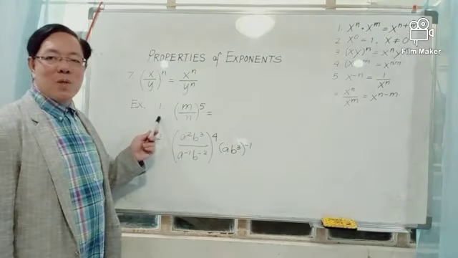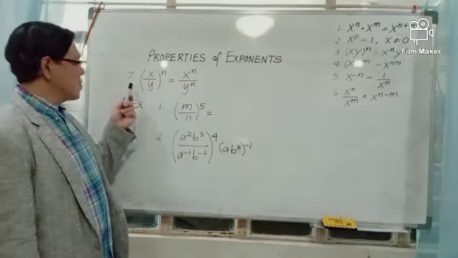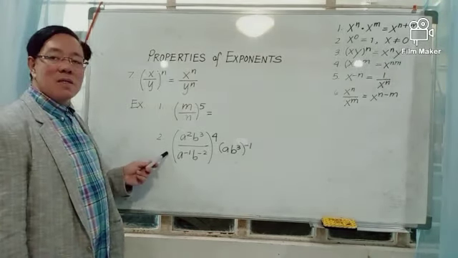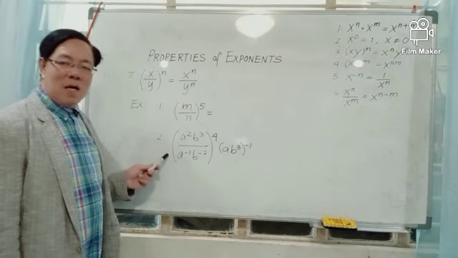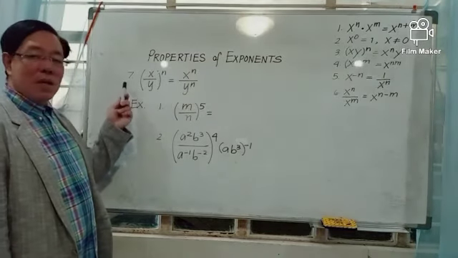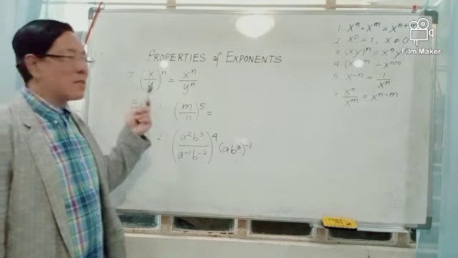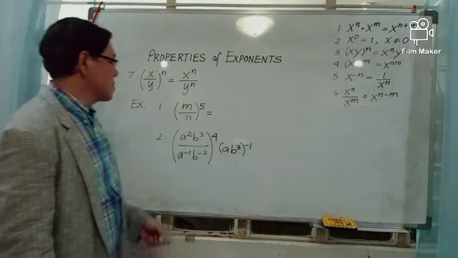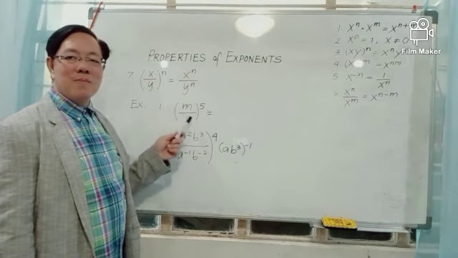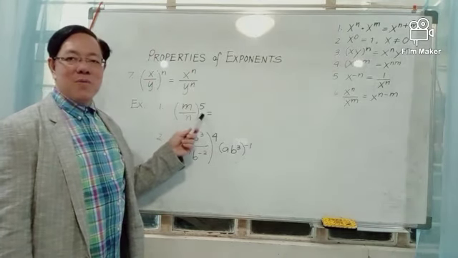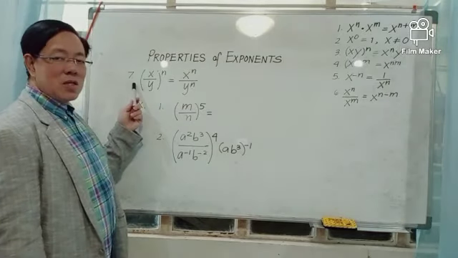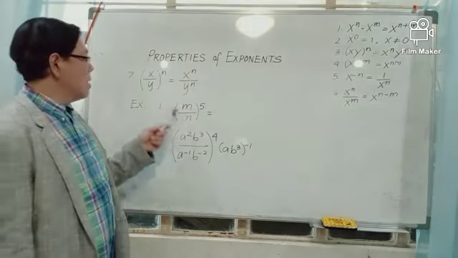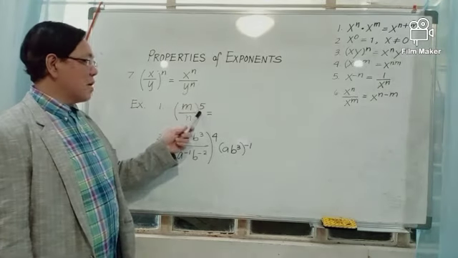For example number 1, we apply this property of exponent to simplify. For example 2, we apply this property of exponent and other properties of exponents. In number 1, we have m over n to the power 5. In this property, x is m, y is n, and the exponent n is 5.